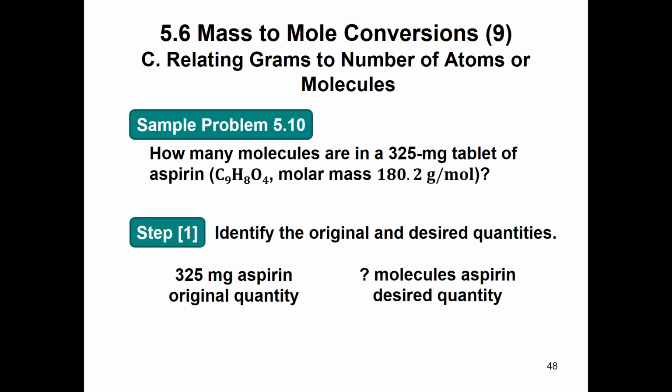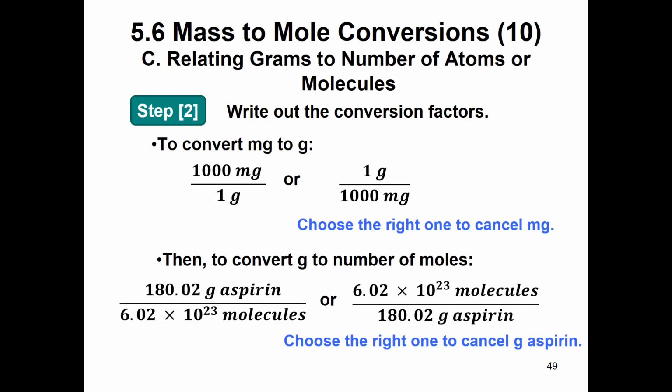So how many molecules are in a 325 milligram tablet of aspirin if the molar mass of aspirin is 180.2 grams per mole? So I know that I'm going to be starting with my 325 milligrams of aspirin, and it wants me to know how many molecules are in that. I know that I have my conversion factors.